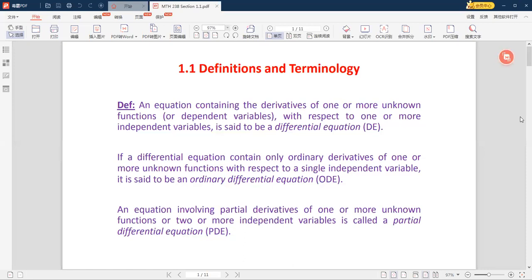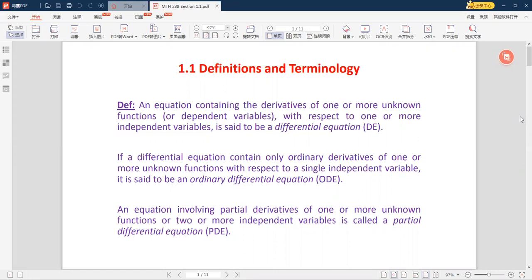So we need to solve y from the derivative of y. And it has at least two variables, x and y. Okay. So that's the general differential equation. And then we have two types of differential equations.